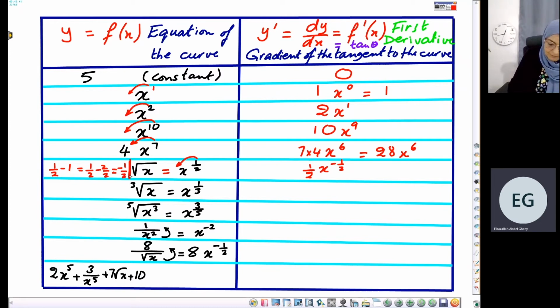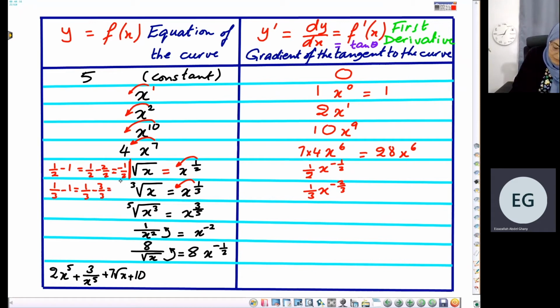Okay? What about power a third? Power goes down, decreases by 1. So it will be a third x to the power of a third minus 1. You can find it on the calculator, so it will be a third x to the power of -2 thirds. How to find it without a calculator? You write a third minus 1 as a third minus 3 over 3.